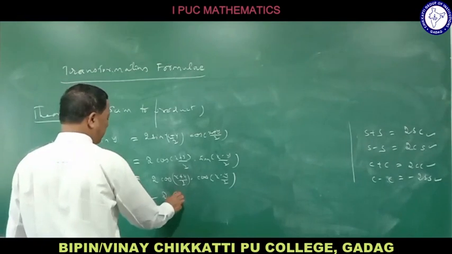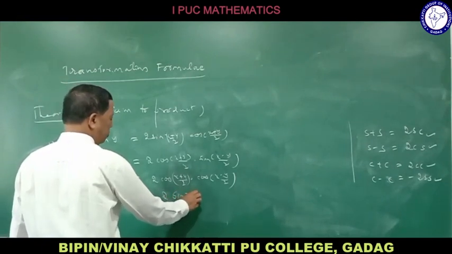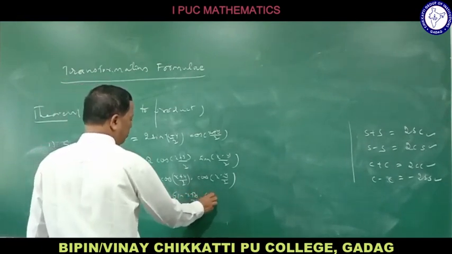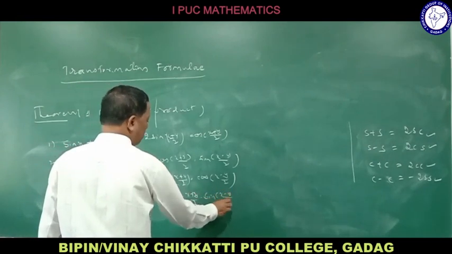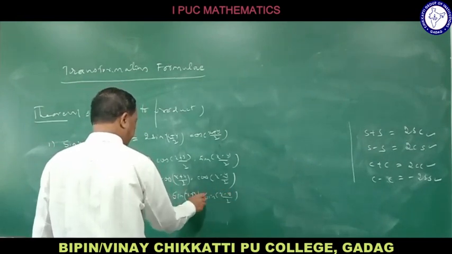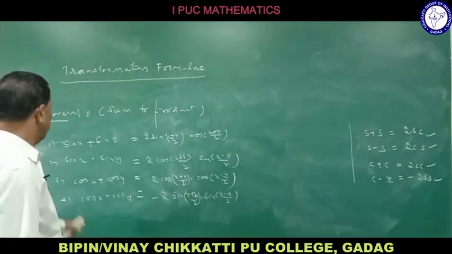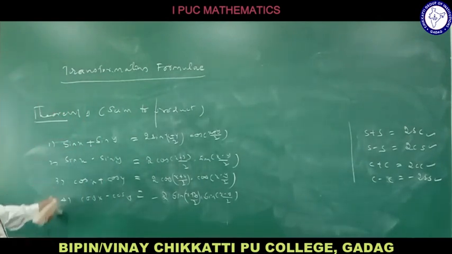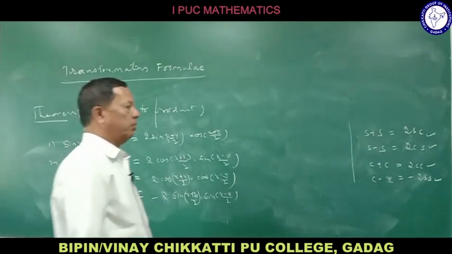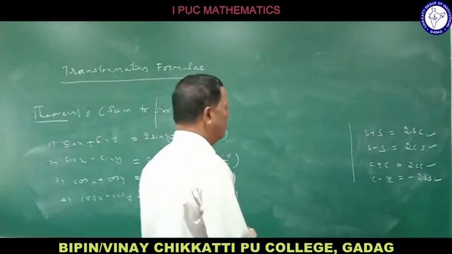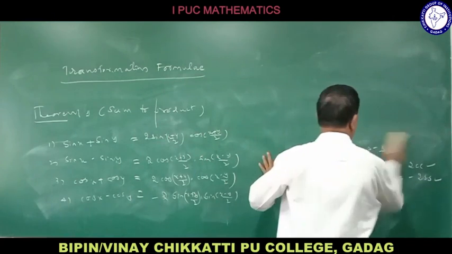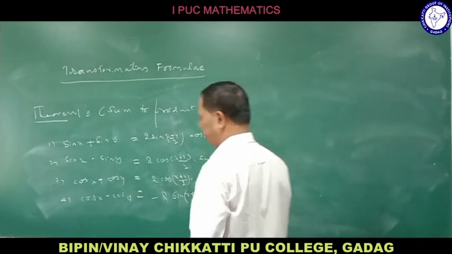S means 2 sine of (x plus y) by 2 into sine of (x minus y) by 2. So these formulas are to be proved. First sine, cos. Remember SC, CS, CC, SS. This is the way to remember. This shortcut method is to be followed.